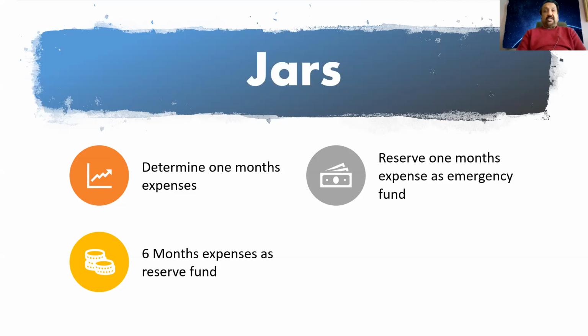Step number two, put away another 1 month's expense as your reserve fund. This excludes your next month's salary. Remember that, this is in addition to your next month's salary. The third step is to save enough funds to have a sum of money equal to 6 months of expense as a reserve fund. Once you've done that, you keep saving again. It does take a year to achieve this target.